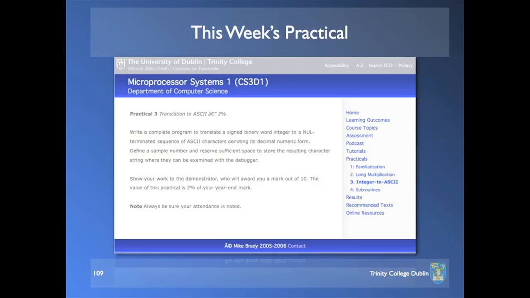Complete program to translate signed binary word. Okay, we also have to take note of the sign. We might use a register to store. Actually, no. Okay, we do it slightly differently. So let's imagine that we have the number in question, move.w, the num into, say, D0.